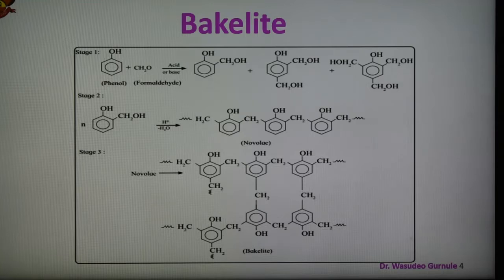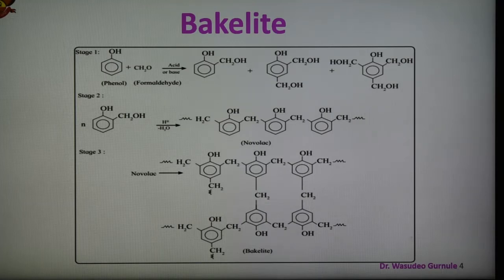Sulfonated bakelite is used as an ion exchange resin for softening hard water, for purification of water, and for removal of heavy or toxic metal ions from industrial effluent or wastewater.